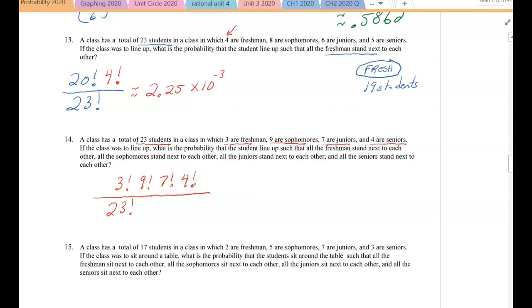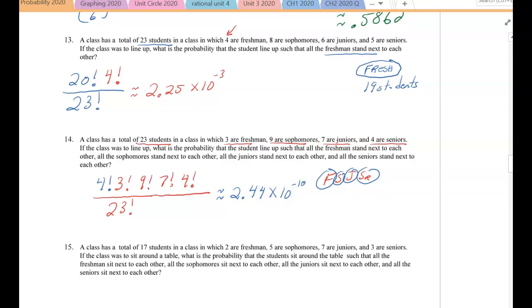Seniors, 4 factorial. But if you think about these groups, how many ways can the groups be rearranged? Well, the groups could be rearranged 4 factorial ways, so you need another extra 4 factorial. Typing that into the calculator, again, you get a small number, 2.44 times 10 to the negative 10th.